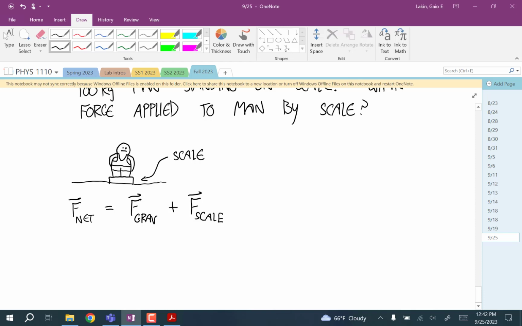And we've figured out what the force of gravity is. We said that the man's mass is 100 kilograms, so this is just going to be 0, negative 981. And then we're trying to calculate the force applied by the scale.